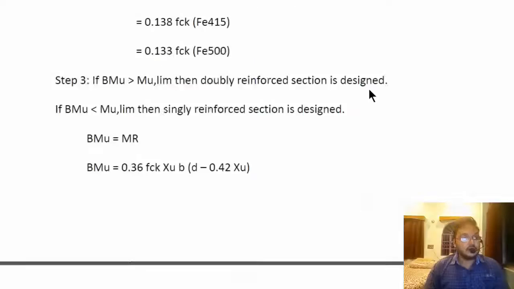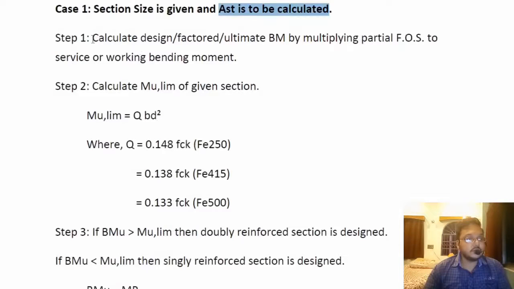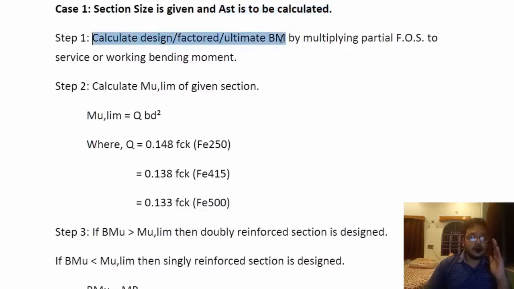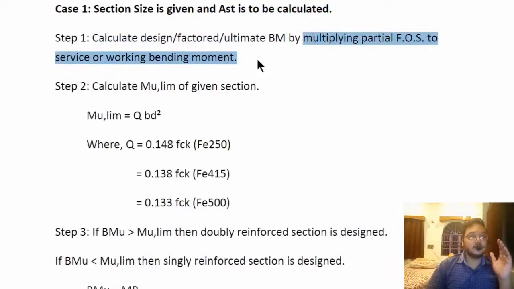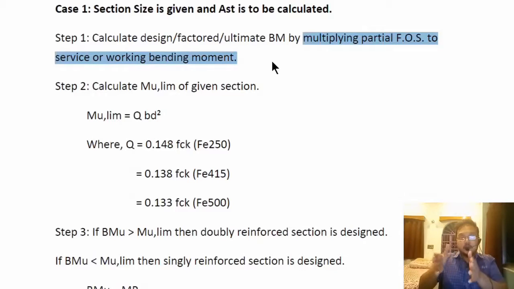When our section size is given and we are asked to calculate the AST, first of all we will calculate the design or factored or ultimate bending moment by multiplying the factor of safety, 1.5 or so, to the service or working bending moment. These are all similar terms.